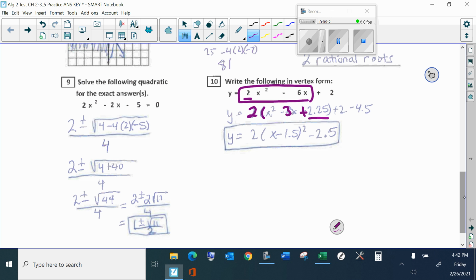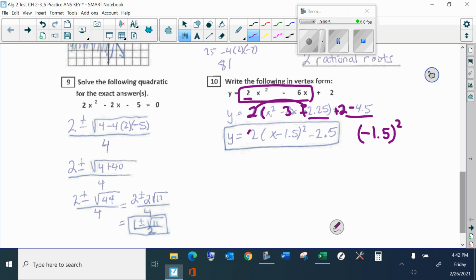And half of negative 3 is negative 1.5, and negative 1.5 squared is 2.25, which you see there. But notice I don't have minus 2.25 because I've really added 2 times 2.25, which is 4.5. So I've added 4.5 to it, so that's why you see me subtracting 4.5 at the end here.